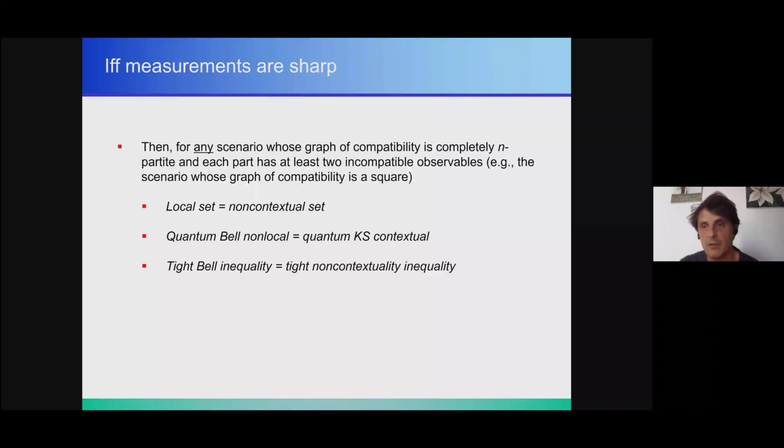The quantum Bell local set of behaviors is exactly equal to the quantum Kochen-Specker non-contextual set of behaviors. And anything we call a tight Bell inequality is exactly a tight non-contextuality inequality.